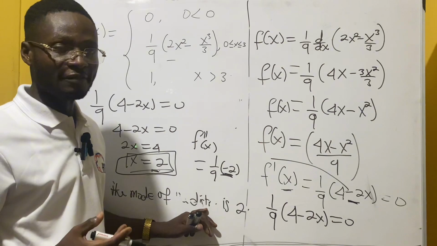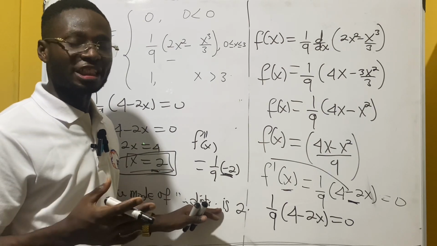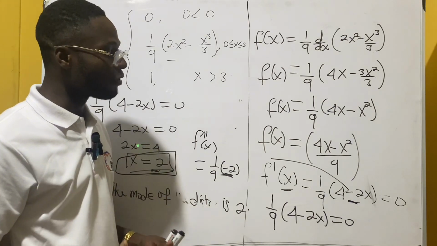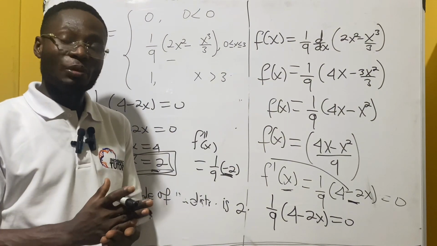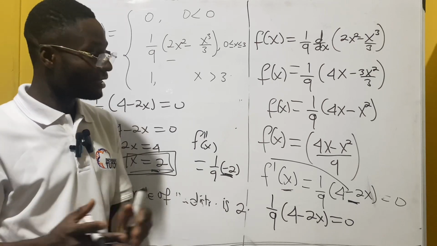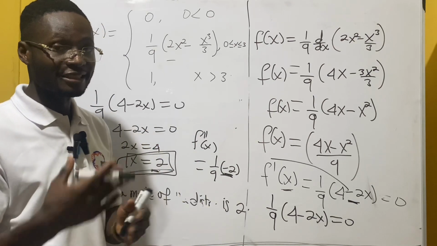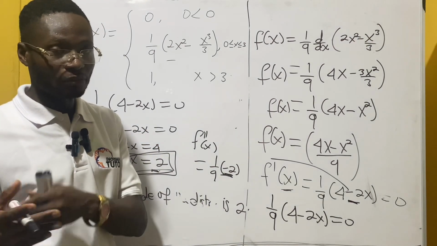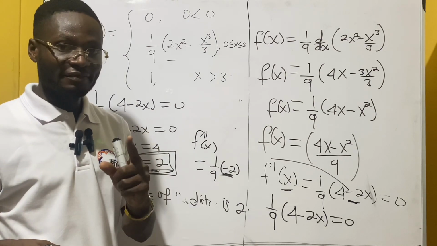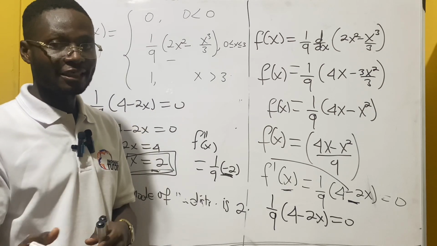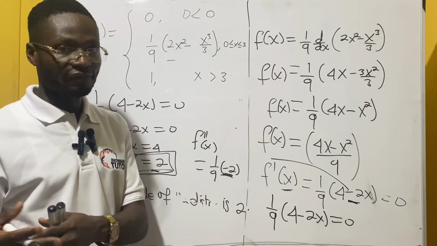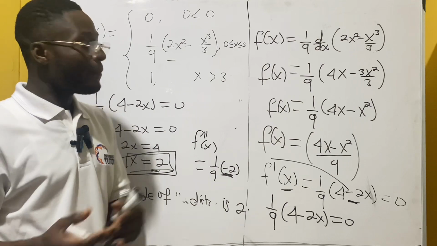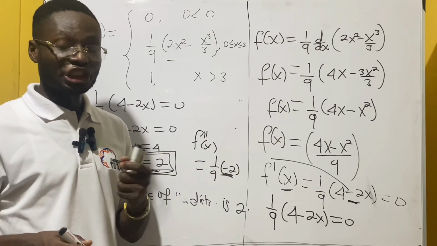Okay, so this is basically how we find the mode of a particular distribution when we are given the CDF. First, you change the CDF to a PDF form. Then, with the result in the PDF form, take the first derivative, set it to 0, and find the critical values, that is the values of x, and those values become the mode of the distribution.